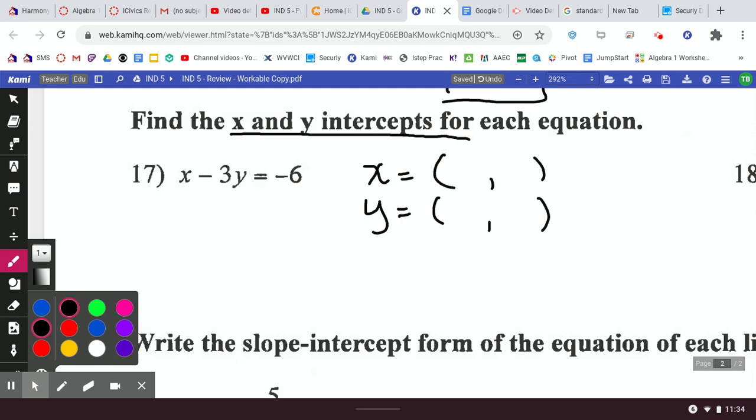So for the x-intercept in the y spot, you can always put a 0. Now, if we put a 0 in for y, we can plug a 0 in for y in the equation. And when we do that, 3 times 0 is 0, and so we get x equals negative 6. So our x-intercept is negative 6. And the point is negative 6, 0, because the y is always 0. Now on the y-intercept, what's the x value?